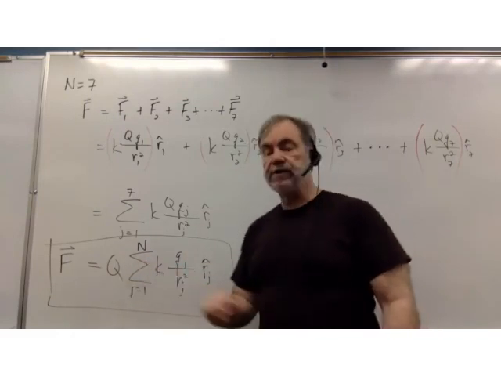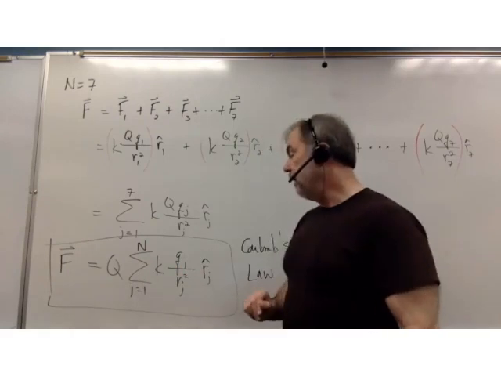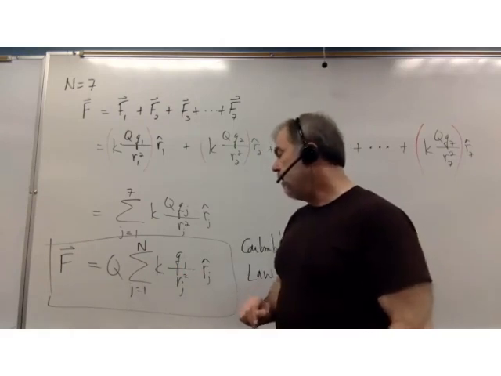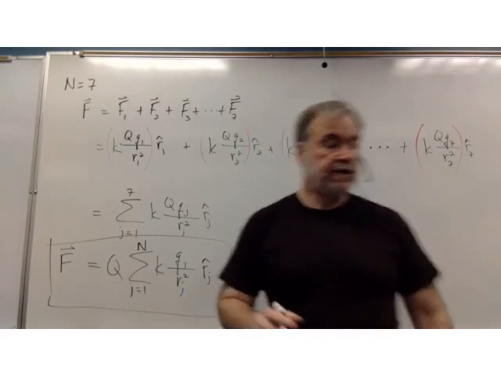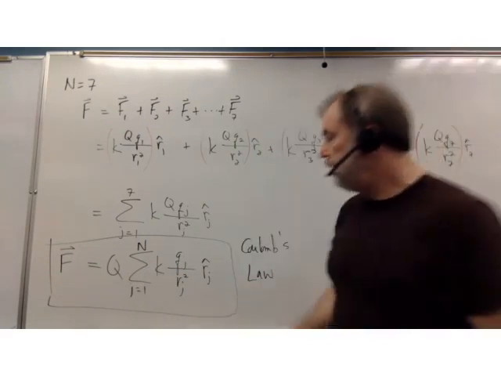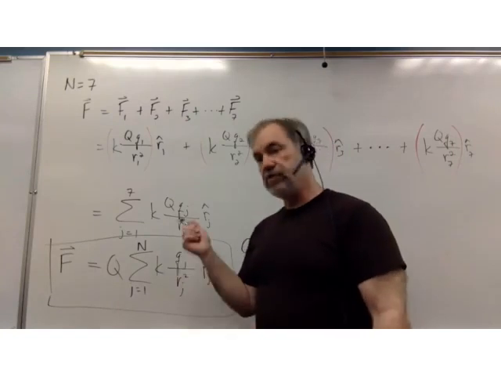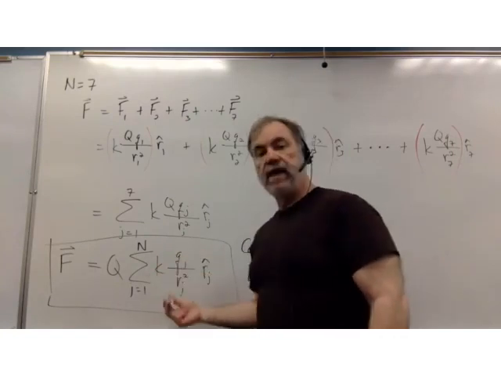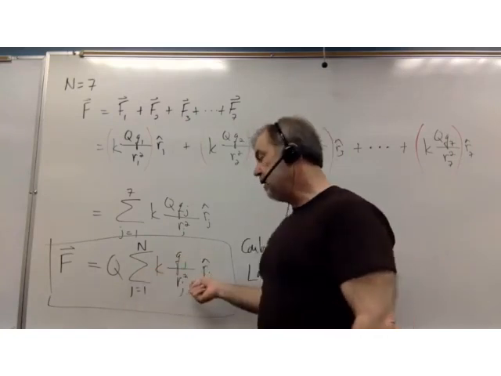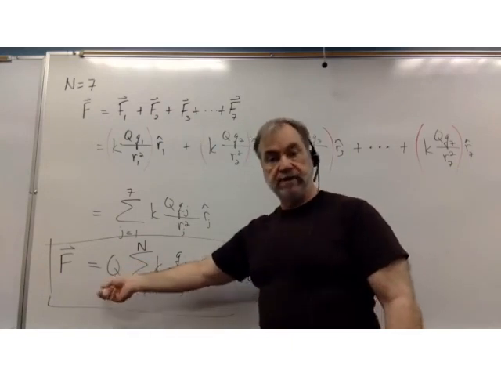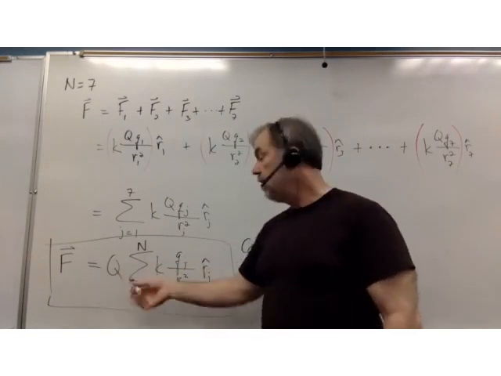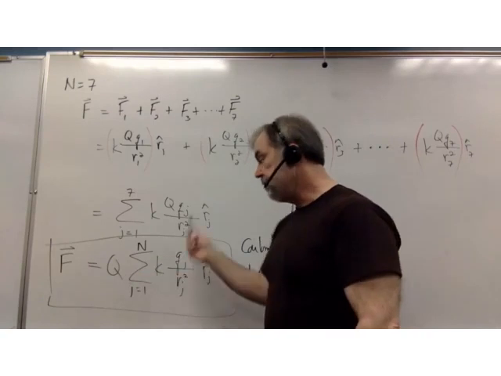It's independent of these terms, and therefore I pulled it out. So now if I take the next step, what if I got rid of capital Q entirely? I can't just throw it out, but suppose I divided the right-hand side by capital Q. That would cause capital Q to divide away, and then I'd be left only with this summation here.